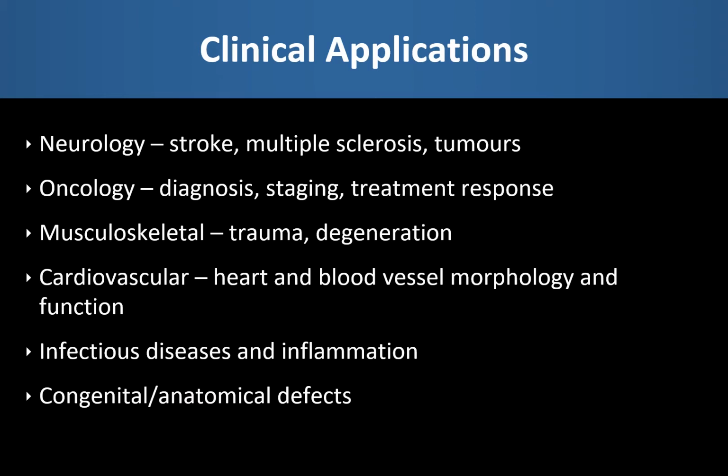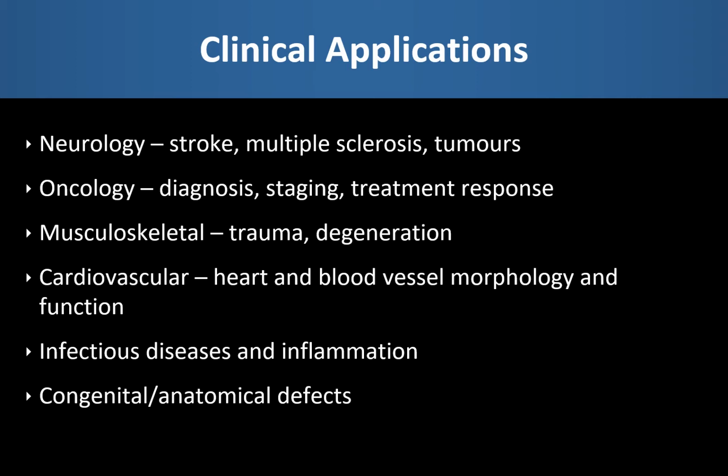MRI has a wide range of clinical applications. In neurology, it can be used to investigate stroke, multiple sclerosis, and brain tumours. In general oncology, it's used for the diagnosis, staging, and looking at the response of cancers to treatment. In musculoskeletal parts of the body, it can be used to investigate trauma and joint degeneration.